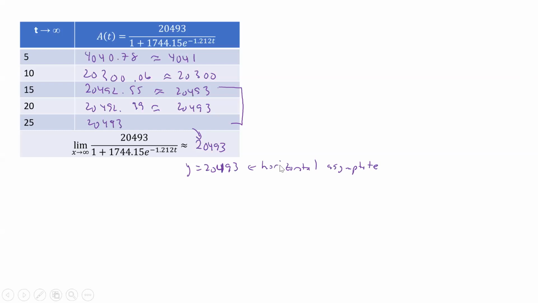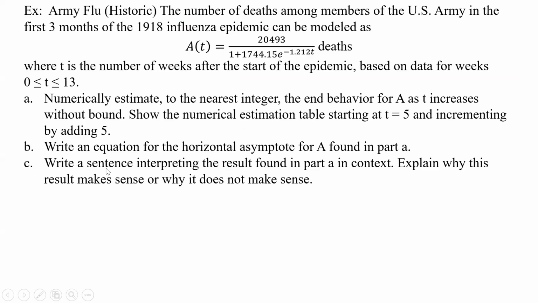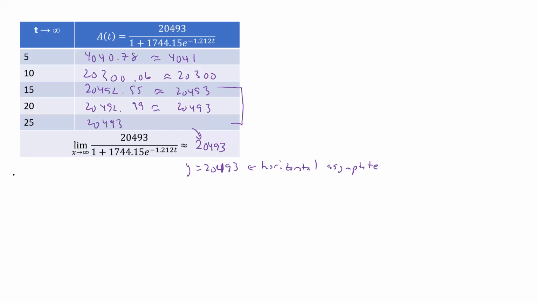And so that would be part B. And then part C, write a sentence interpreting the results found in part A in context. Explain why the result makes sense or why it does not make sense. Well, basically what we're saying is the number of deaths approached 2493 as time went by.